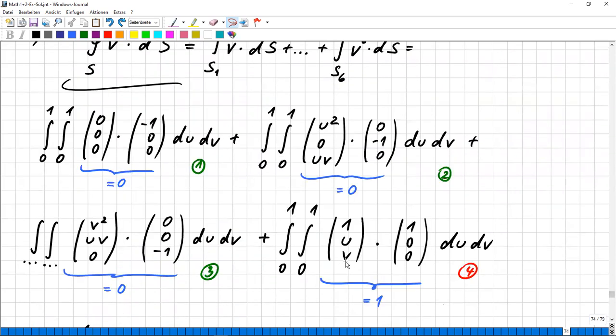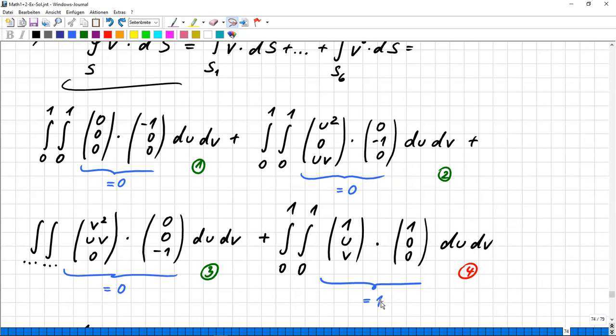And as you remember, the normal vector will be 1, 0, 0 here. So in fact, the flux contribution is just due to the first vector component, because the normal direction of this face points toward us, right? Yes. And so 1 times 1 plus u times 0 plus v times 0.